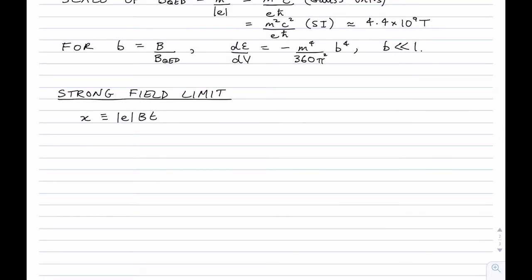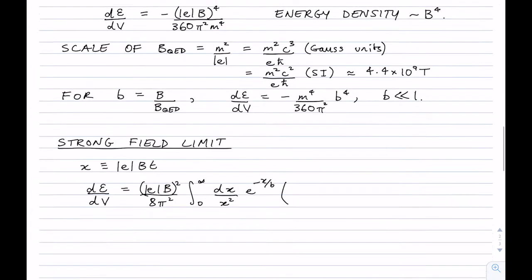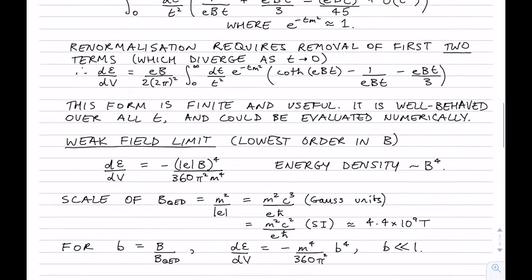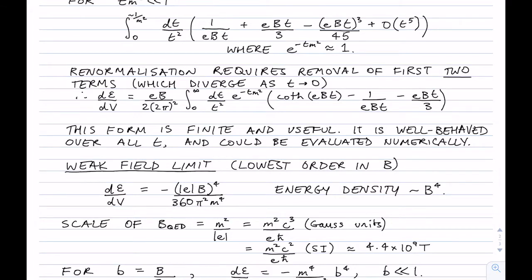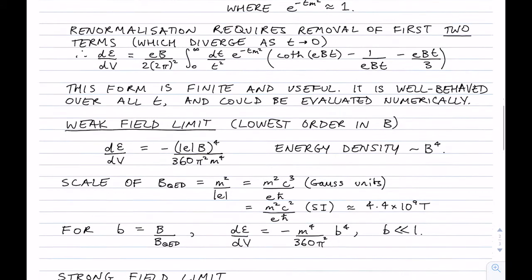And so we can write that the energy density is... and the first term that I have to keep, if we just go back up to our equation here, we can see that we're looking at this one at the top here.